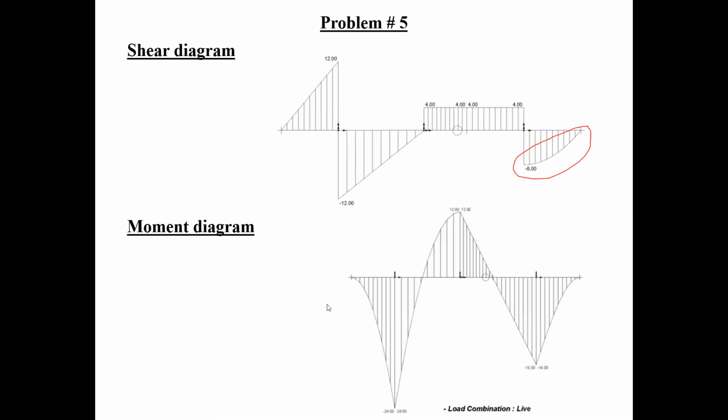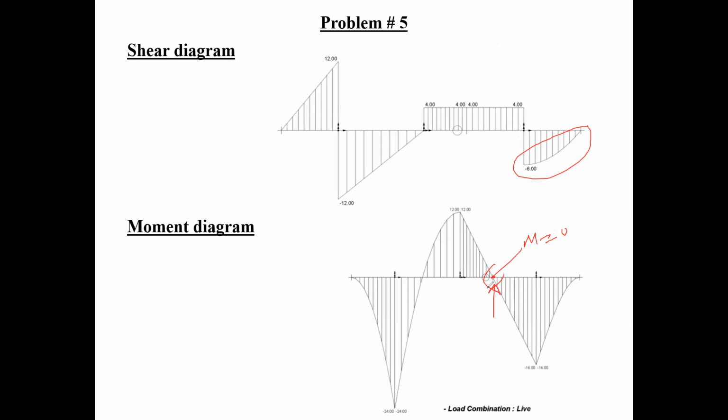In the moment diagram, what you need to realize is that a pin means that it does not resist the rotation of a beam. So where the pin is here, the moment should be equal to 0. M is equal to 0, and that's exactly what we have. So our pin is right there. I think you guys did this one manually on one of the assignments, and I gave you the same one again, and I think most of you got this on the assignment.